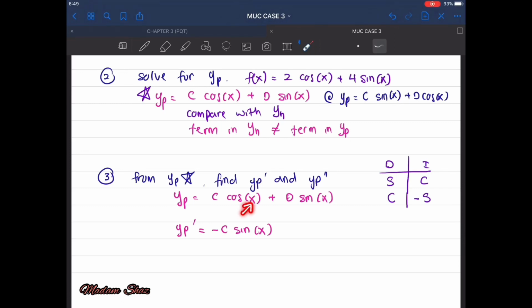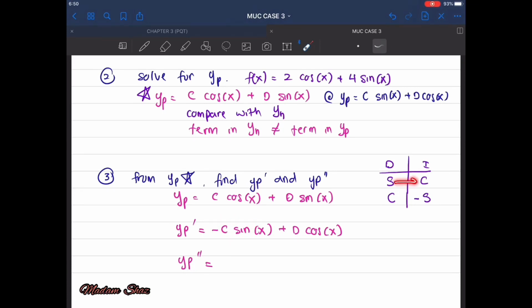So this one, when we differentiate the argument x, it will become 1 at the front. So that's why there is no number at the front of C. So differentiate D sin x, differentiate sin will become cos. So this one will become positive D cos x. The same thing, we differentiate the argument x will become 1, so that's why there is no number at the front of D. So differentiate one more time. YP double prime, differentiate negative C sin.